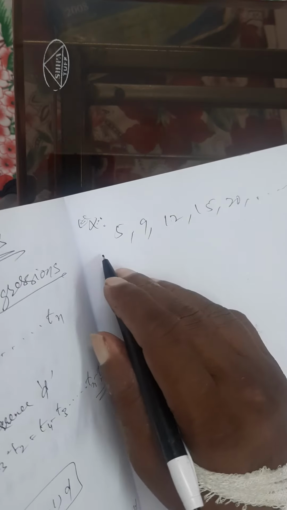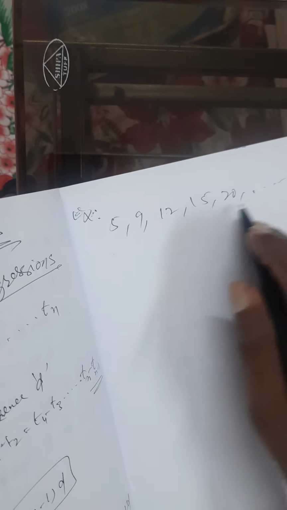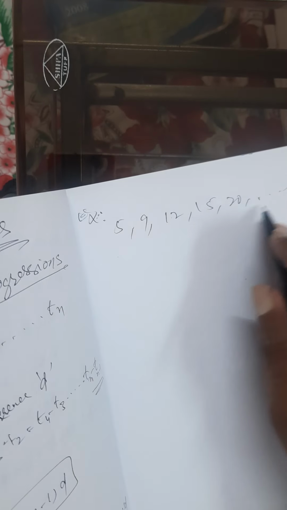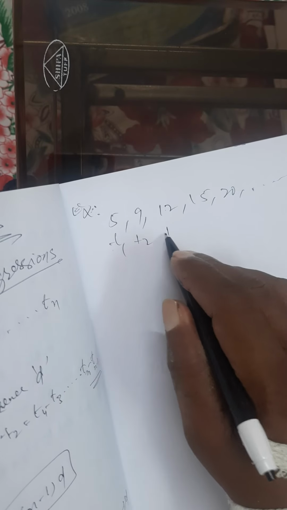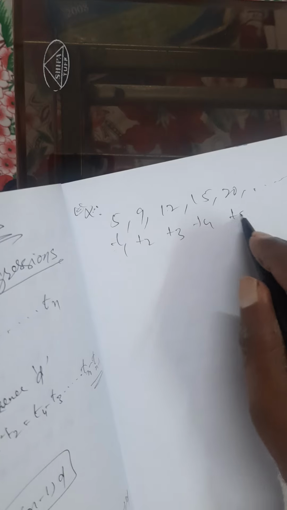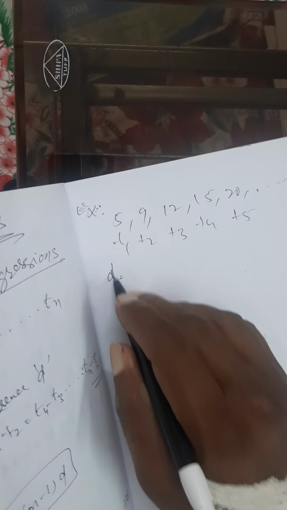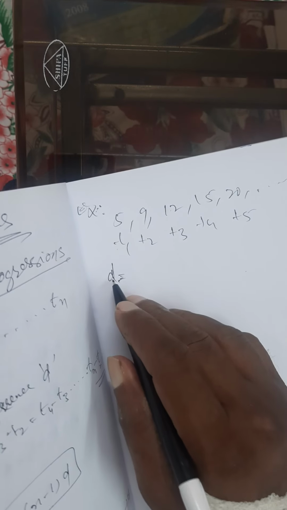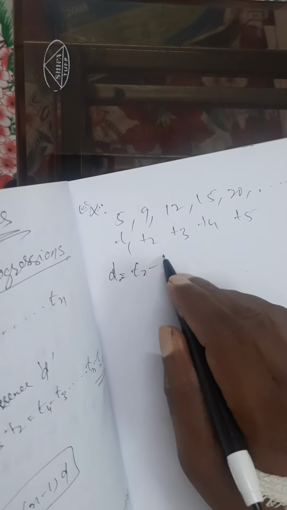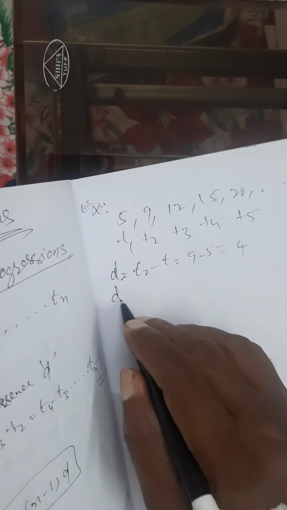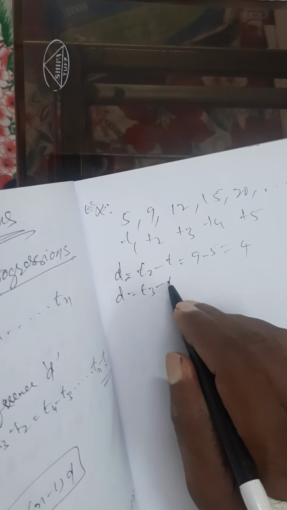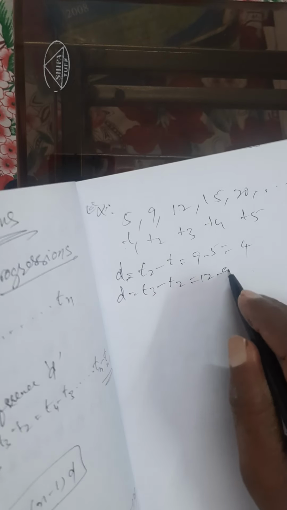Now find whether these given numbers belong to an arithmetic progression or not. So this is our T1, T2, T3, T4, T5. For an arithmetic series, we have to check D. T2 minus T1, how much is this? 9 minus 5, that is 4. Next D is T3 minus T2, 12 minus 9, how much?